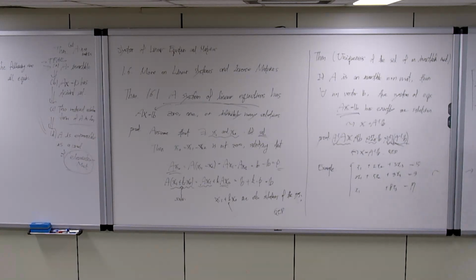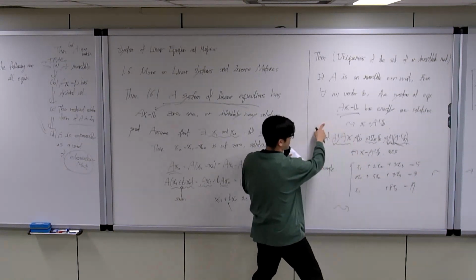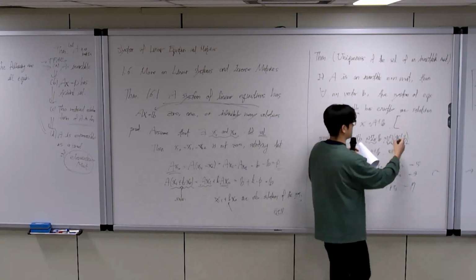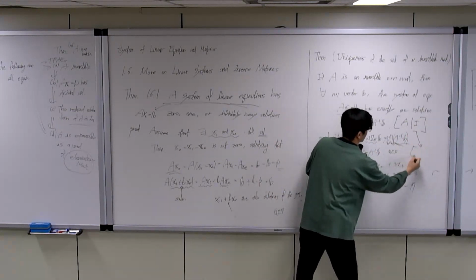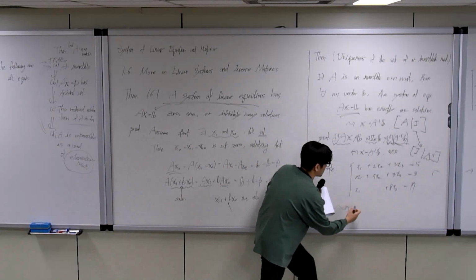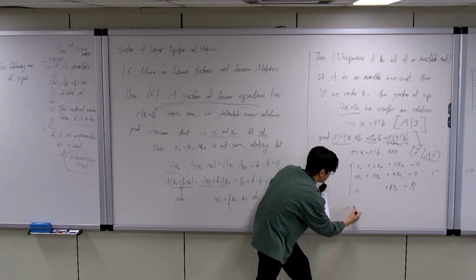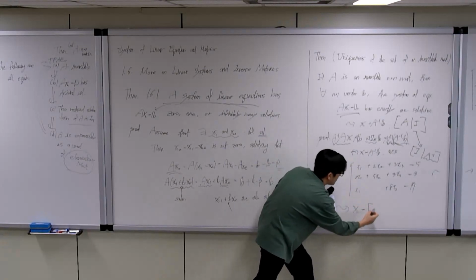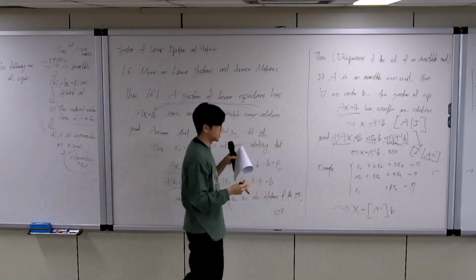If we define this as A, then by using this theorem, and as I explained how to get the inverse by using this property, by making the identity, we get the inverse of A. So if we get A inverse, then we might get the solution x equals A inverse times [5, 3, 17].